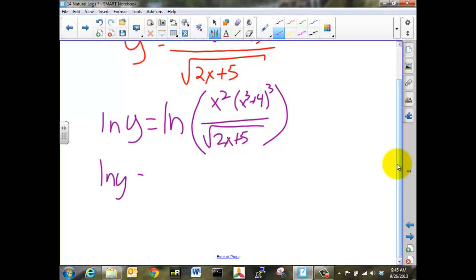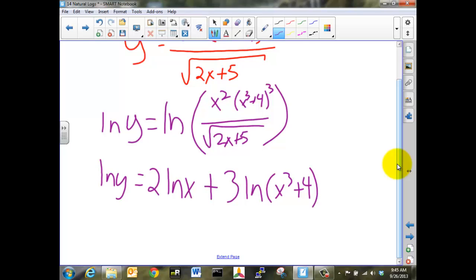ln of y equals 2 ln x plus 3 ln of x cubed plus 4.